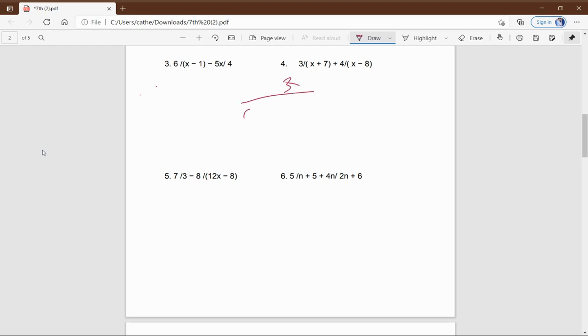Three over x plus 7 plus 4 x minus 8. Then we can also multiply that.